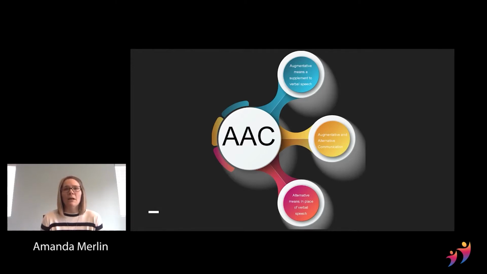Alternative would be a communication board or a communication book, a speech generating device, a total communication system. Sign language is also a total language that's used with our fingers and hands. We all use AAC every single day.